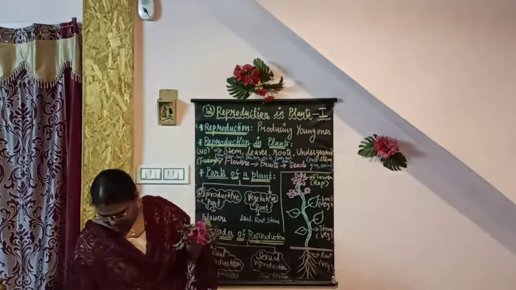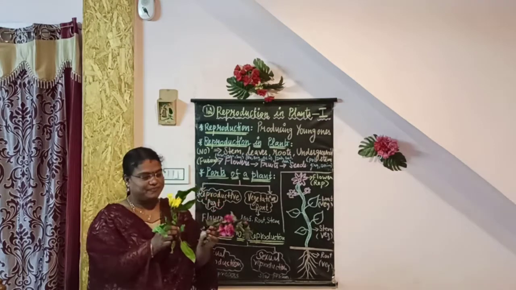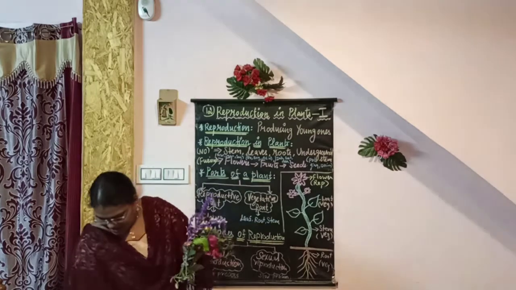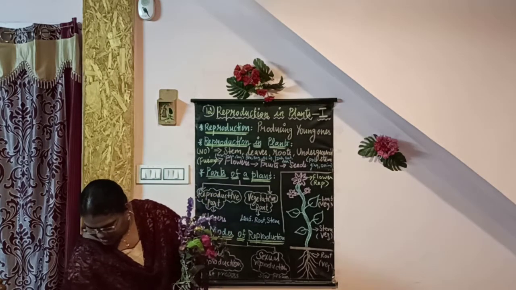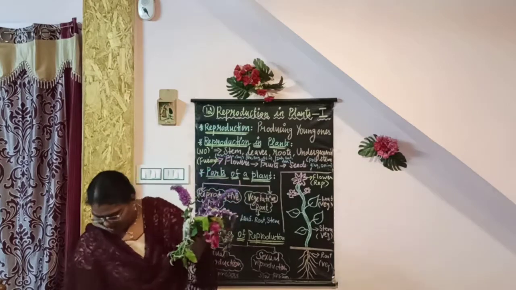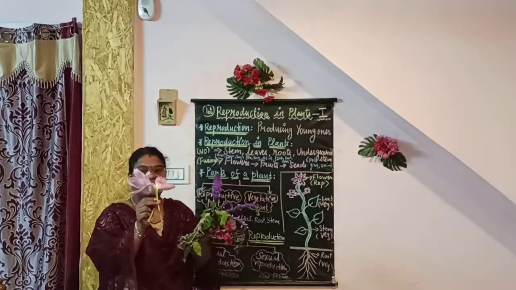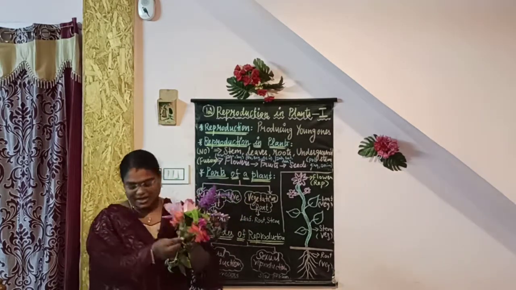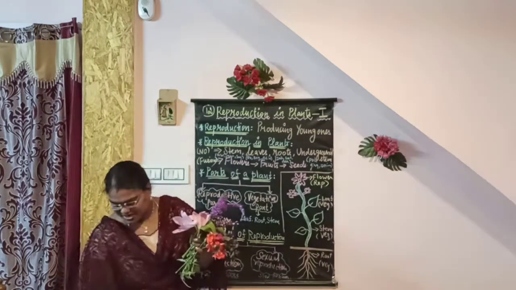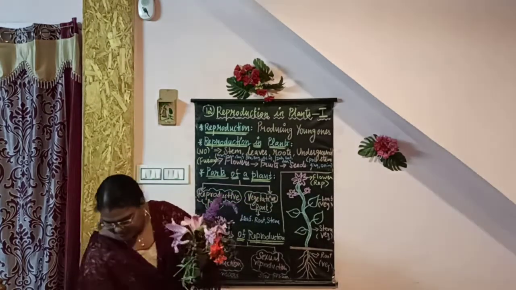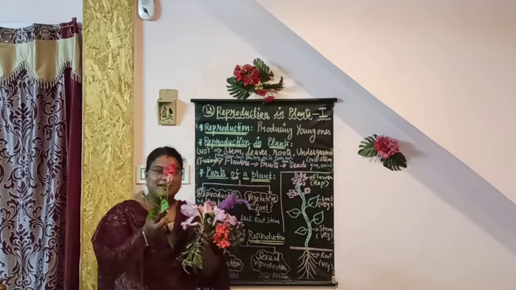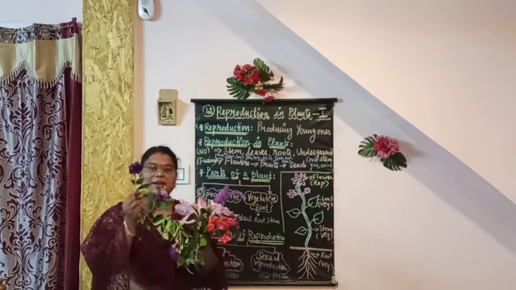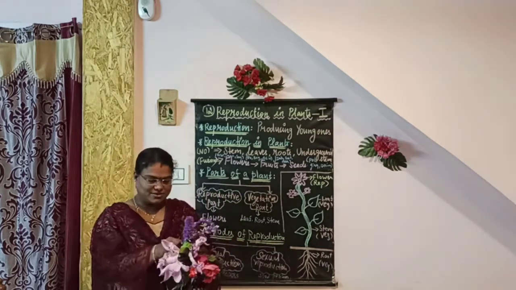See, pink flower, and see, this is yellow flower. See, this is purple violet color flowers, and again purple color flowers, light pink color flowers are there, orange color flowers are there, light pink color flowers are there, red color flower is there, this is hibiscus, again purple color flowers, yellow color flowers are there, see.